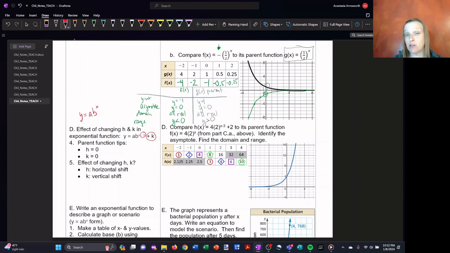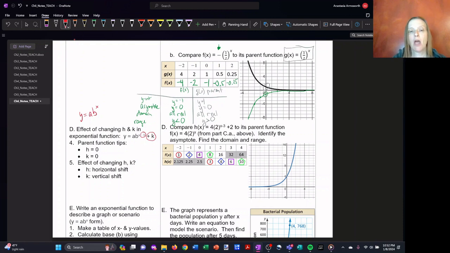Maybe this is ringing some bells for you that we're using these variables h and k. These are the same variables we used when we were talking about transforming functions back when we were talking about linear functions and we were talking about vertical shifts and horizontal shifts.